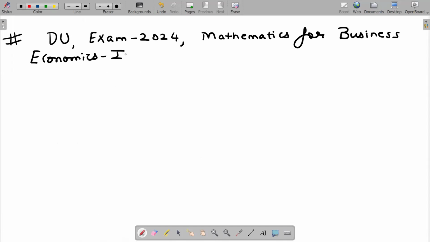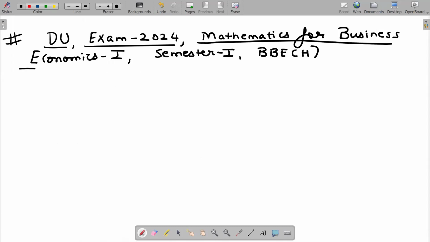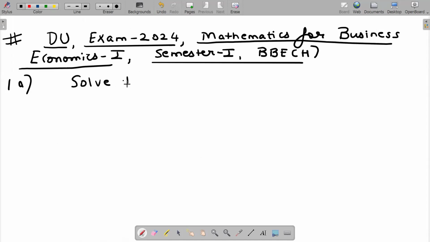This is currently offered in semester 1 as per NEP for the course BBE honors. Okay, let's look at question number 1, part A. Solve the following inequalities.